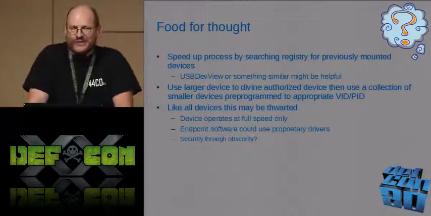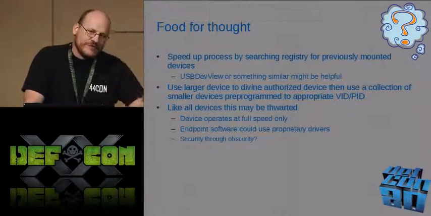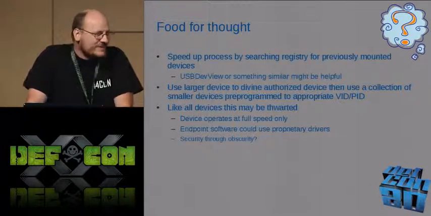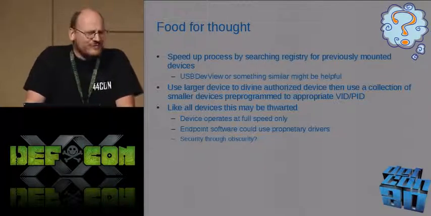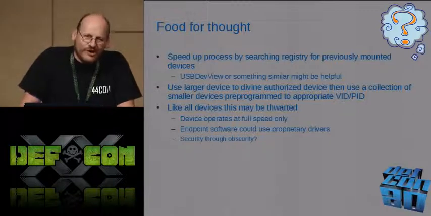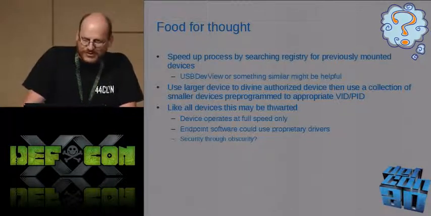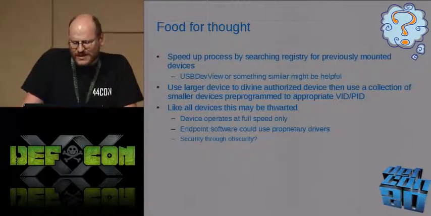How could we go? Where could we go from here? Well, we could possibly speed it up again if you look in the registry and try to find an authorized VID-PID that's more previously loaded. By the way, if you're not familiar with USB Dev View, it's a nice little tool. It tells you all kinds of useful information on previously attached USB devices, not just mass storage.